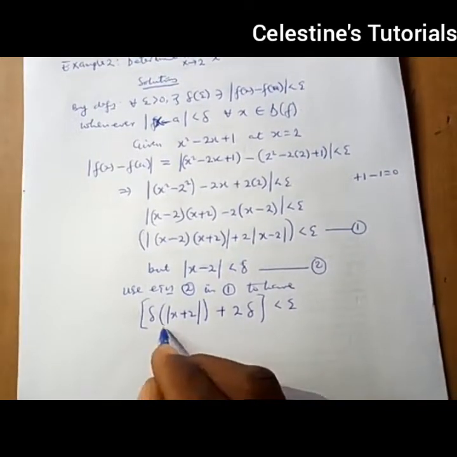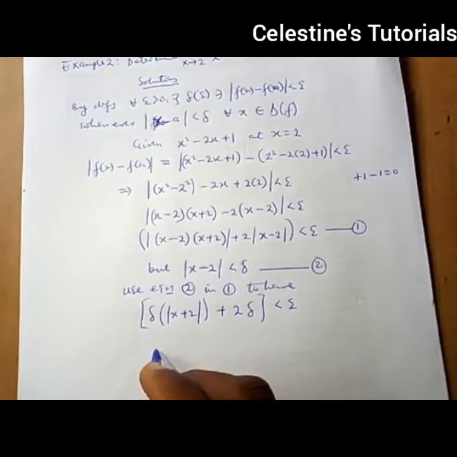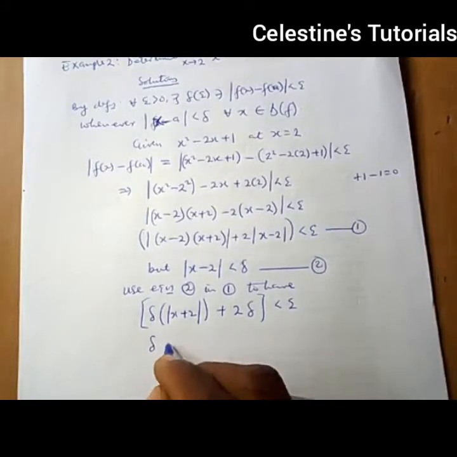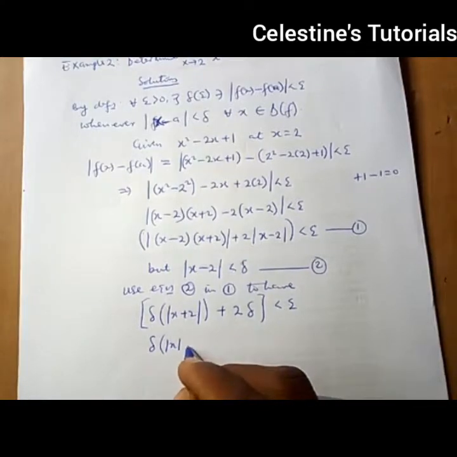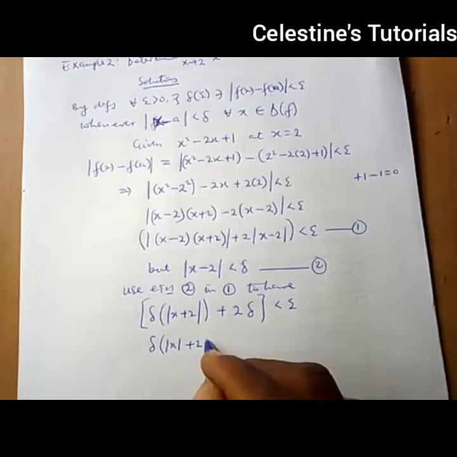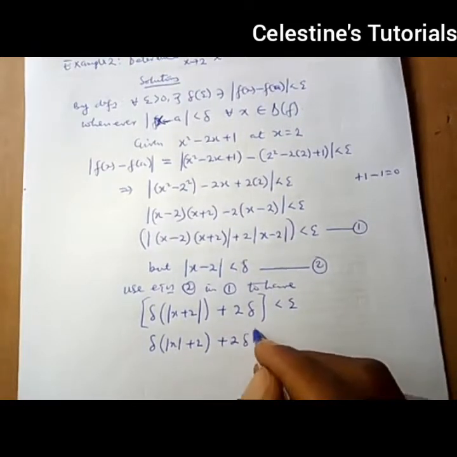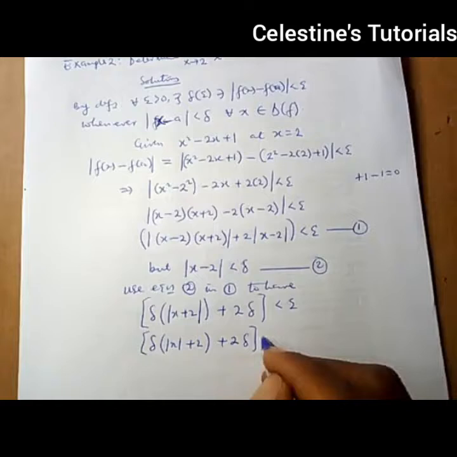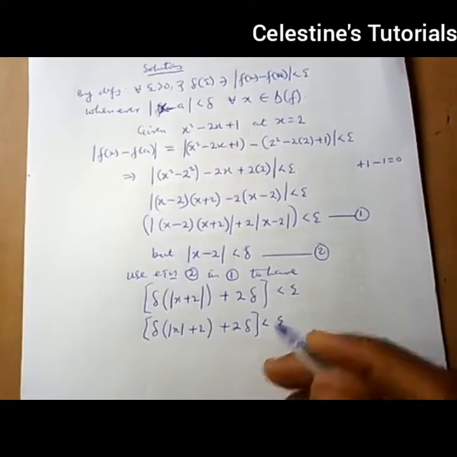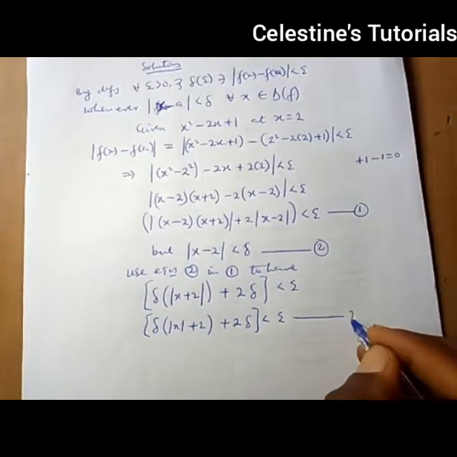Now here you take the absolute of each number, you have delta into the absolute of x plus 2, less than epsilon. Now call this one equation 3.